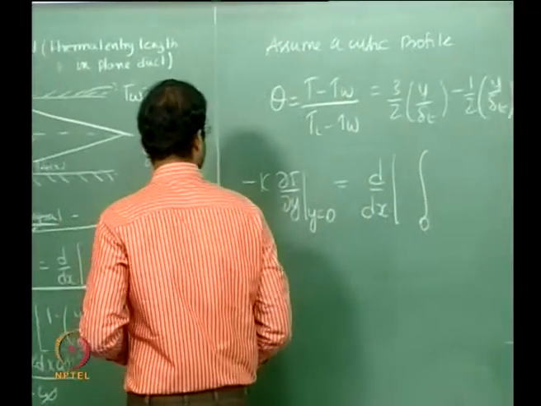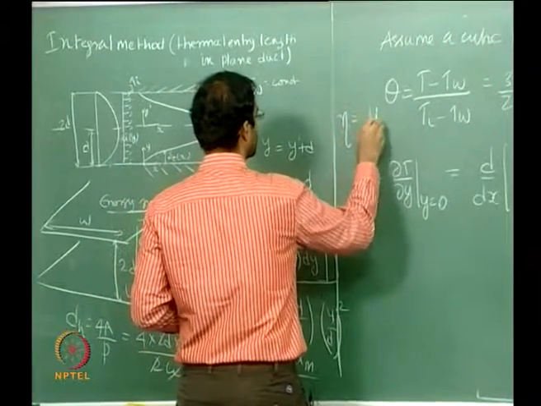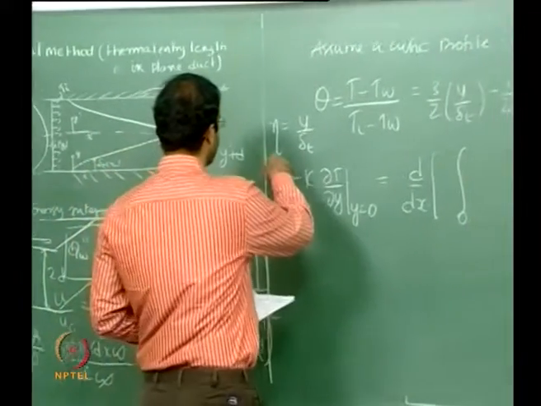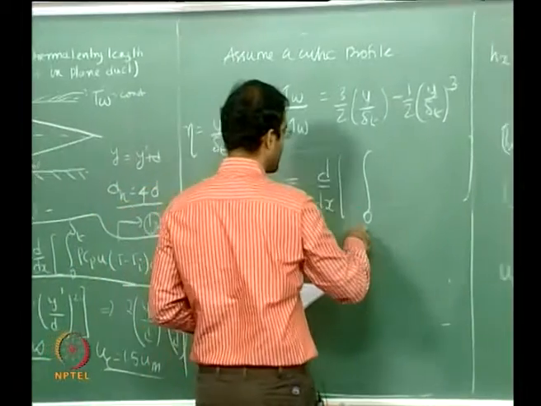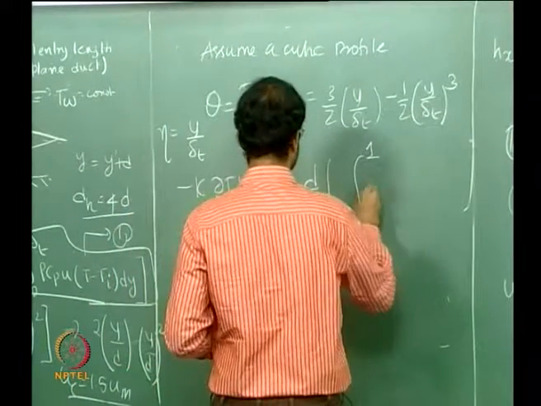Now I am going to use the non-dimensional coordinate for y, which I define as eta, equal to y by delta t. Therefore I can integrate across the non-dimensional coordinate so that the limits of integration become 0 to 1. Okay, so rho Cp into u into T minus Ti.